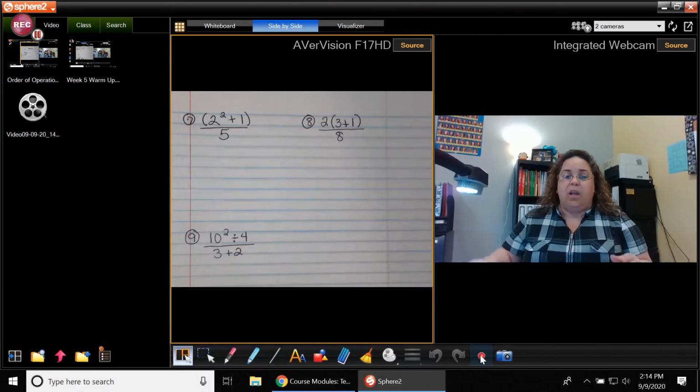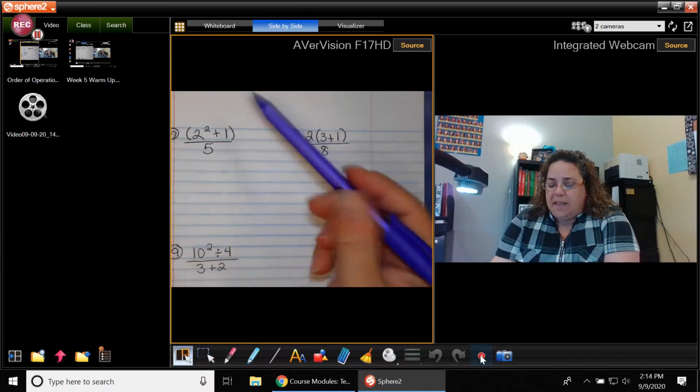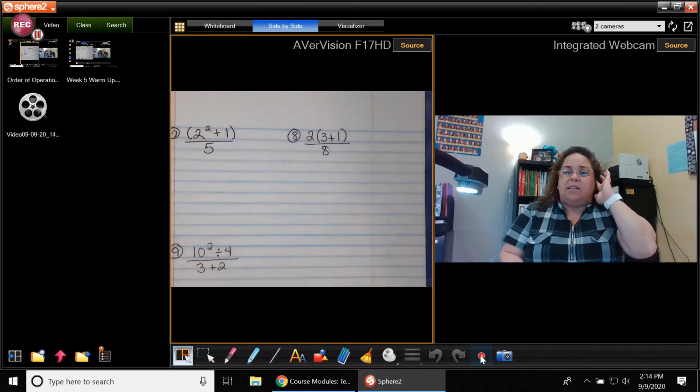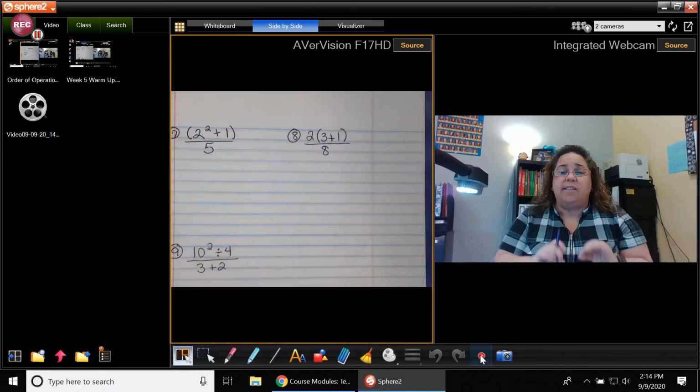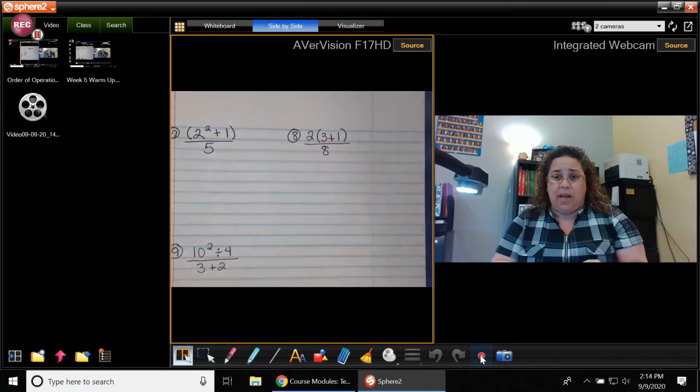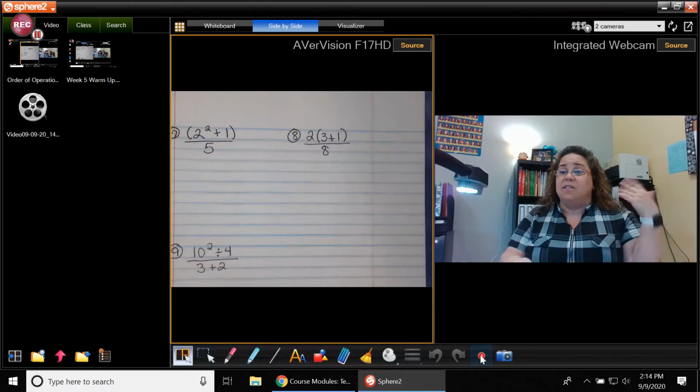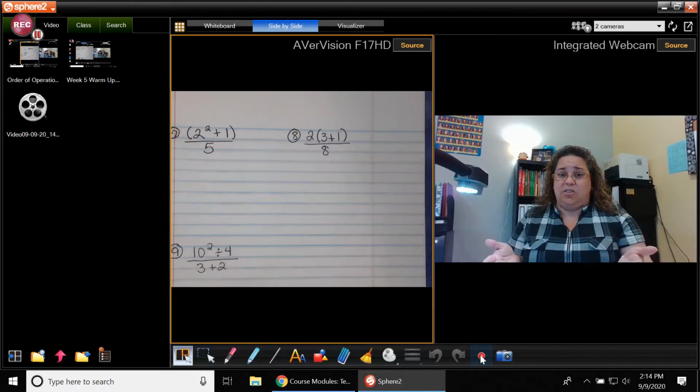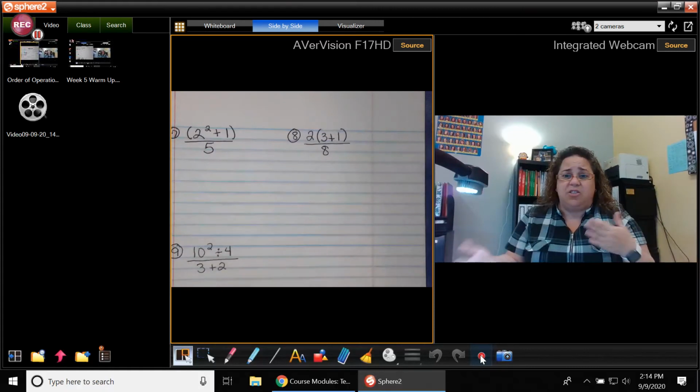Okay, so when you see a problem like this, what you need to remember is that that fraction just means divide. Okay, so this is a division problem written like a fraction. Because division is a fraction. Fractions are division. That's just the way it is.